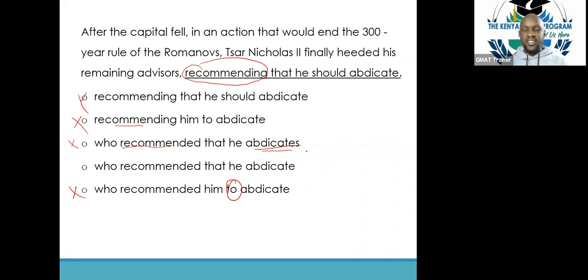When you come to the right answer, you can put it in the context of the sentence, just to make sure that you've got it right. So after the capital L in an action that would end the 300-year rule of the Romanovs, Sir Nicholas II finally heeded his remaining advisors, who recommended that he abdicate. Given that there is a comma here, this brings out the whole aspect of modifiers that we spoke about in an earlier video. Here, what you have is a noun modifier, which is signified by the pronoun who.